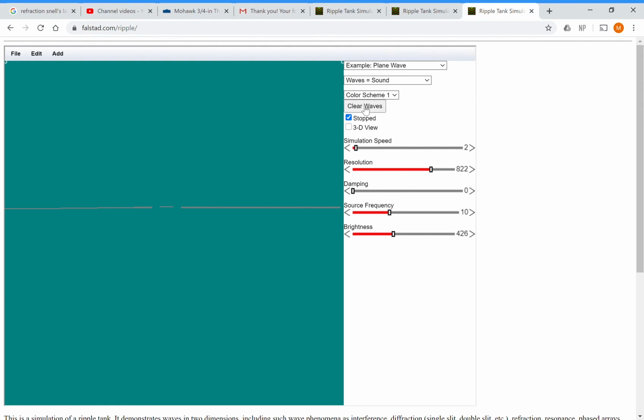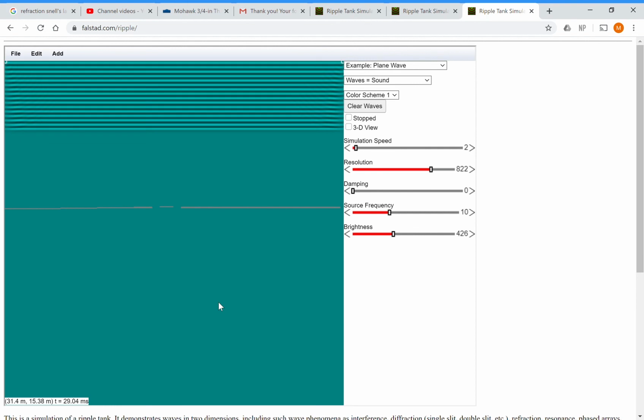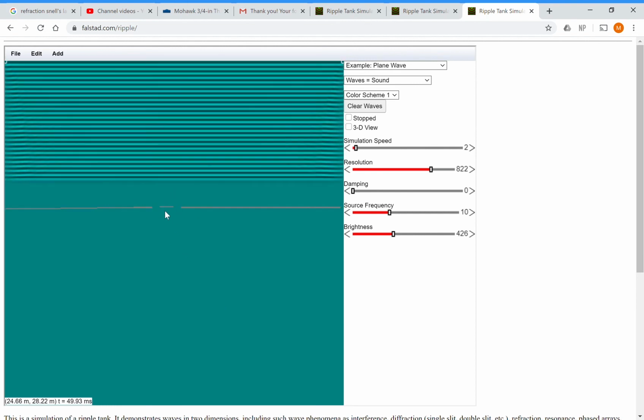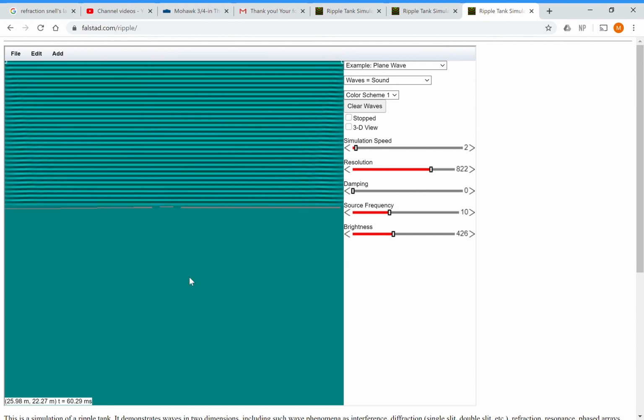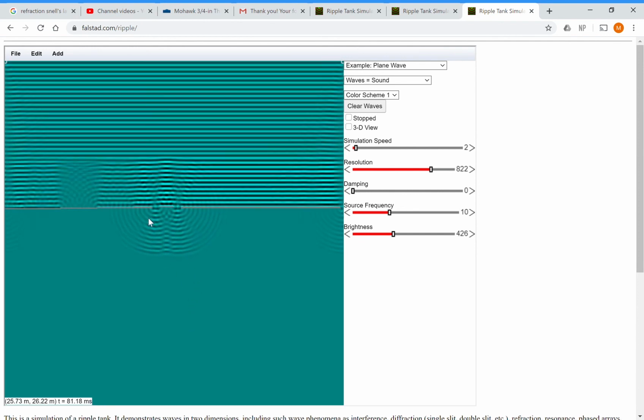Let's go here. I will run the waves. Here come the waves. They're going to hit the two slits that you see right here. So here are my three walls, and there are two openings. Then here they behave like two sources.